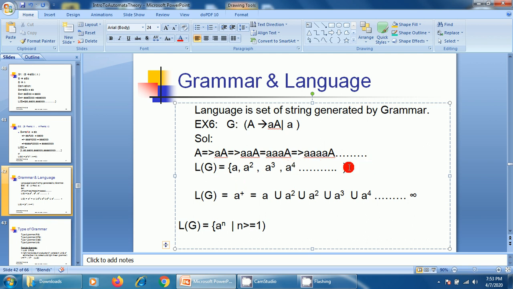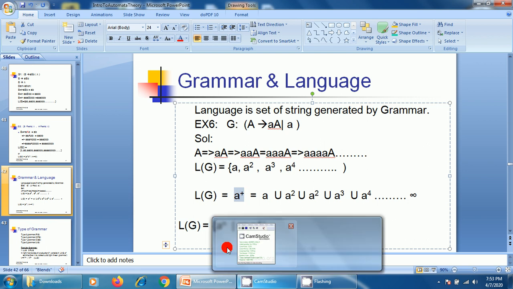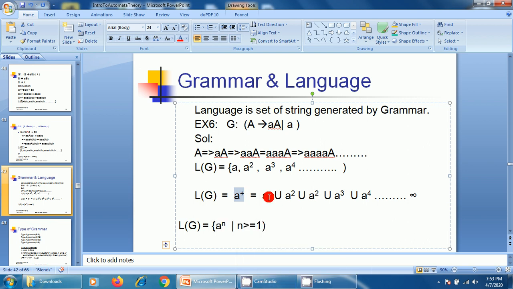So what is the language of this grammar? The language of this grammar is a plus. And we know that a plus equals a^1 union a^2 union a^3 union a^4, and so on. This is power 1, this is power 2. So we can write it like this: a^n such that n is greater than or equal to 1.